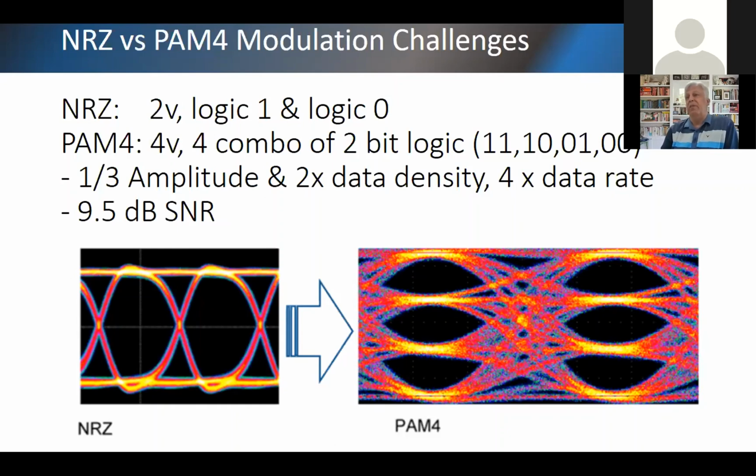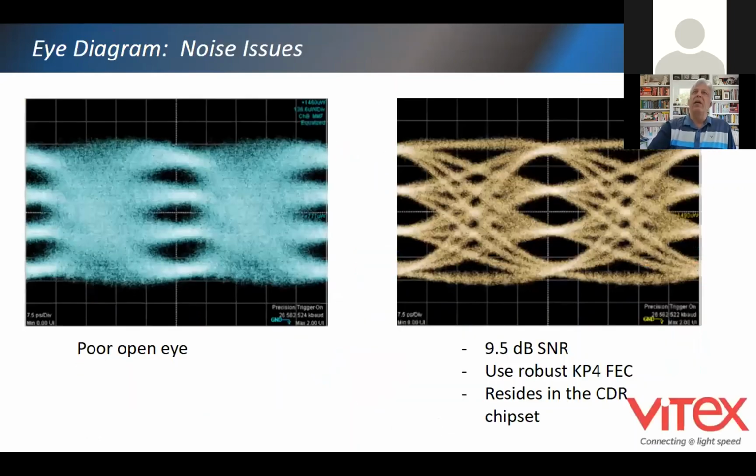One of the issues that comes up with moving over to this modulation scheme is that you have a lower signal to noise ratio. So it's a little bit more difficult to transmit this data, and it's going to require digital signal processing chips, or DSPs, within the CDR, or clock data recovery. We can also take a look at this on the left. You can see there's a very poor PAM4 modulation.